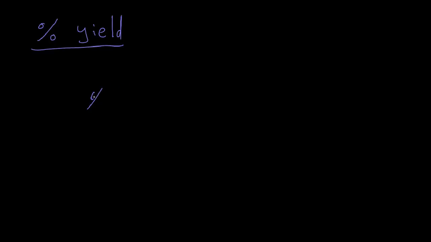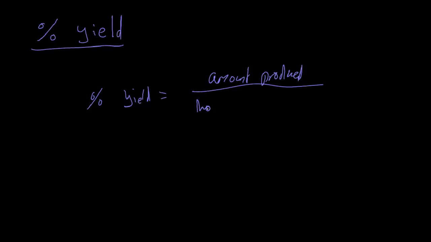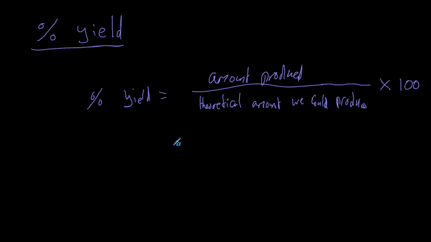So the formula of percentage yield is going to be amount produced divided by theoretical. So the theoretical amount that we could produce, and then at the end you multiply that by 100 to turn it into a percentage.